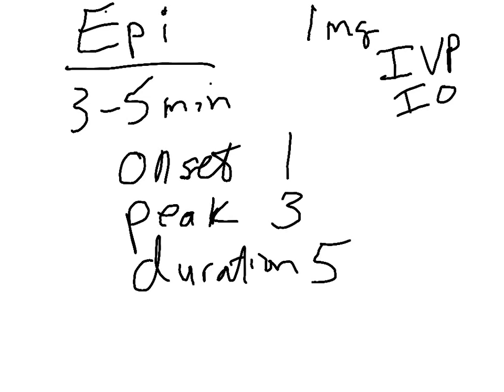Give one every 3 to 5 minutes during your code. Why are we giving it? We want its alpha. We'll take its beta, that's cool, but we want its alpha. We want the vasoconstriction, we want the blood pressure support, which helps us with CPR. Epi makes CPR better. Okay?